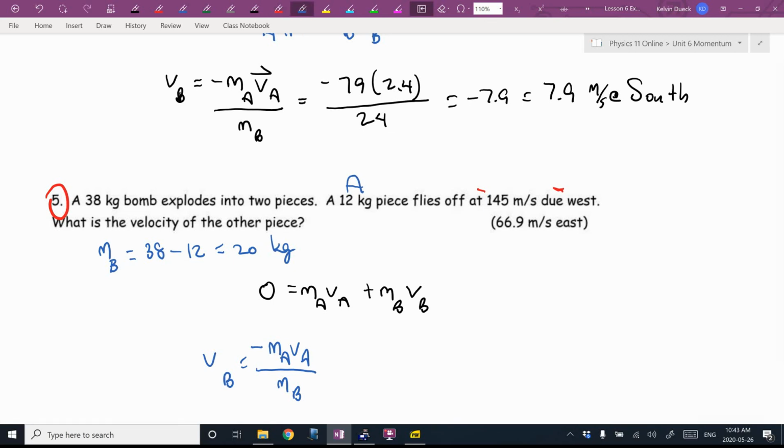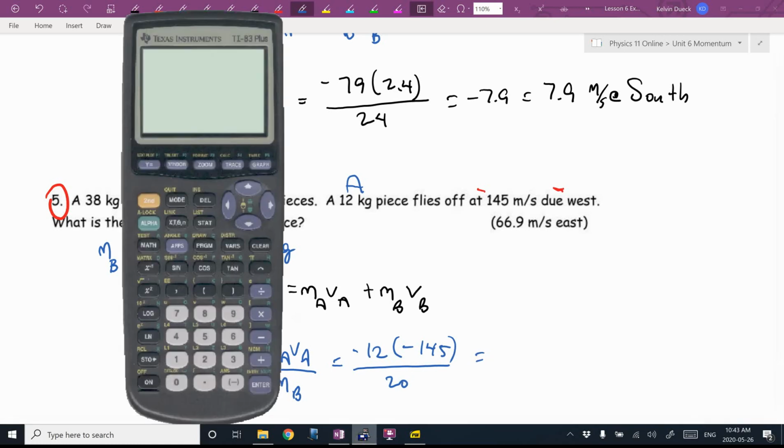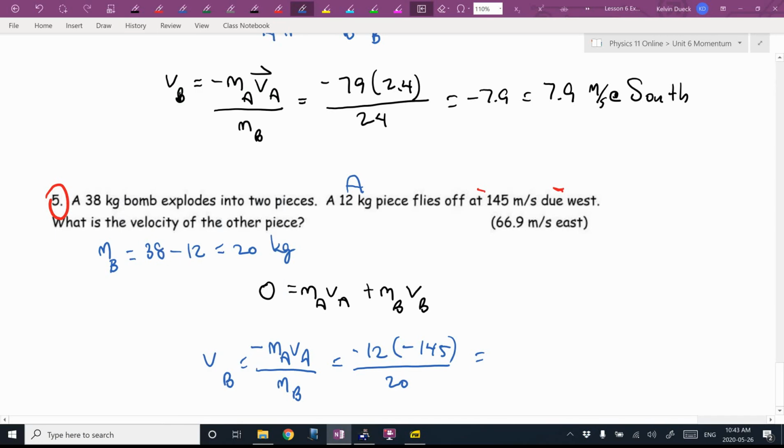Here we go. Negative, mass A, 12, negative 145. Ooh, I'll get a negative times a negative, which is a positive, so I'm going to get east, divided by 20. Negative 12 times negative 145 divided by 20. Uh-oh, do I have a typo? Yeah, I can't do any math, Mr. Dueck. It's not 20. You've probably been screaming at me. Wow. 38 take away 12.